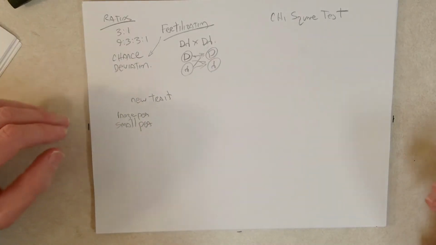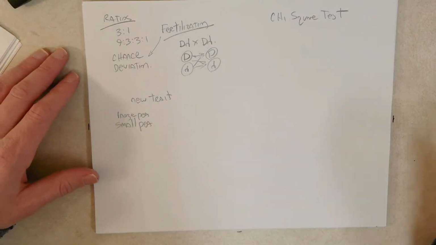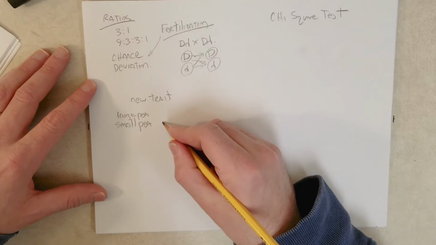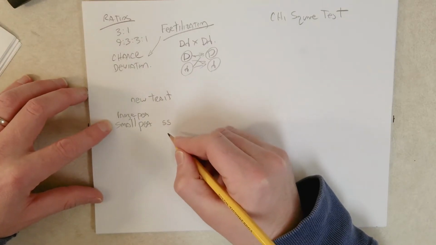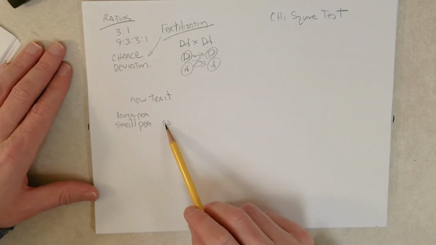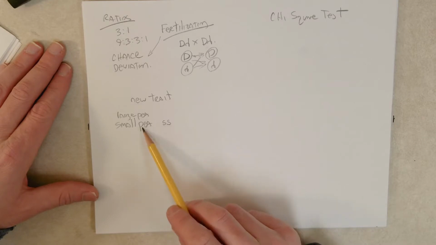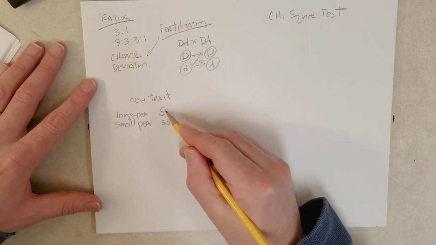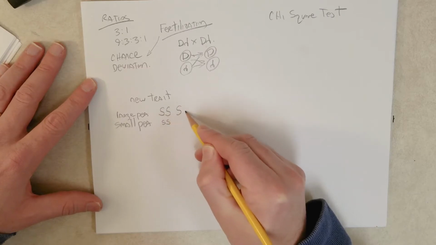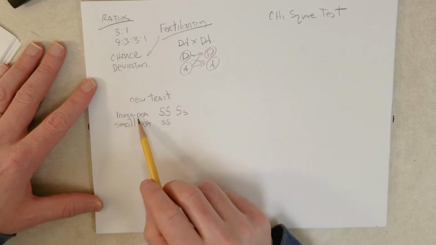Our hypothesis is that the small pea trait is caused by a homozygous recessive genotype for this gene that we will symbolize with the letter S. So two small s's cause the small pea phenotype, and at least one big S allows for the large pea size.